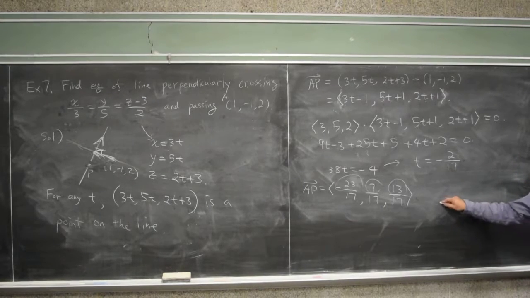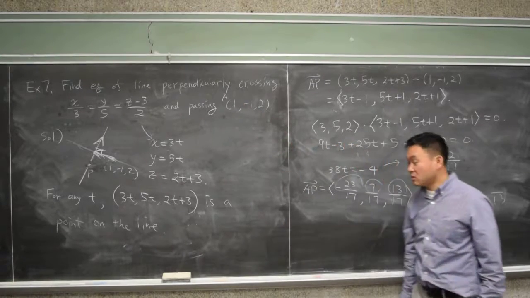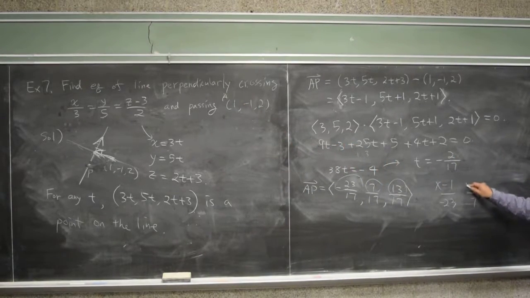Written in symmetric form, it'll be negative 23, 7, 13 downstairs, and then x minus 1, y plus 1, z minus 2 upstairs. That's the answer written in symmetric form. If you set equal to t and solve for x, y, and z, that will give you the equation in parametric form. If the question doesn't specify which, either one will be correct.